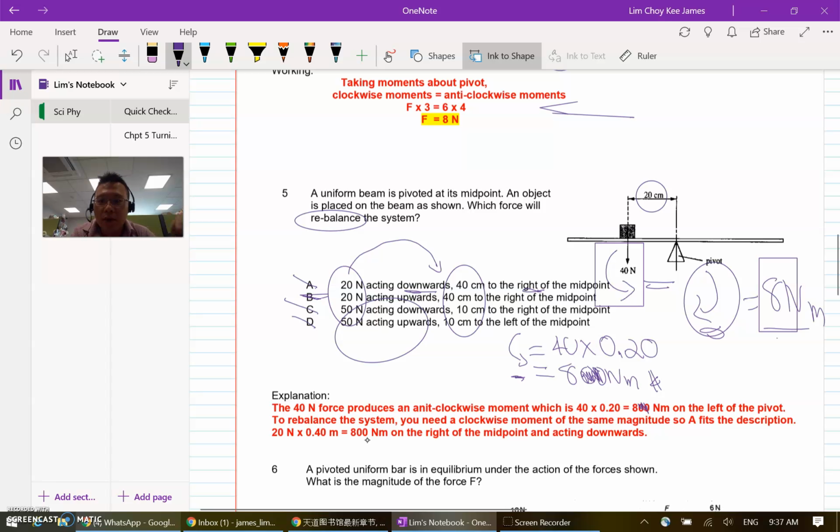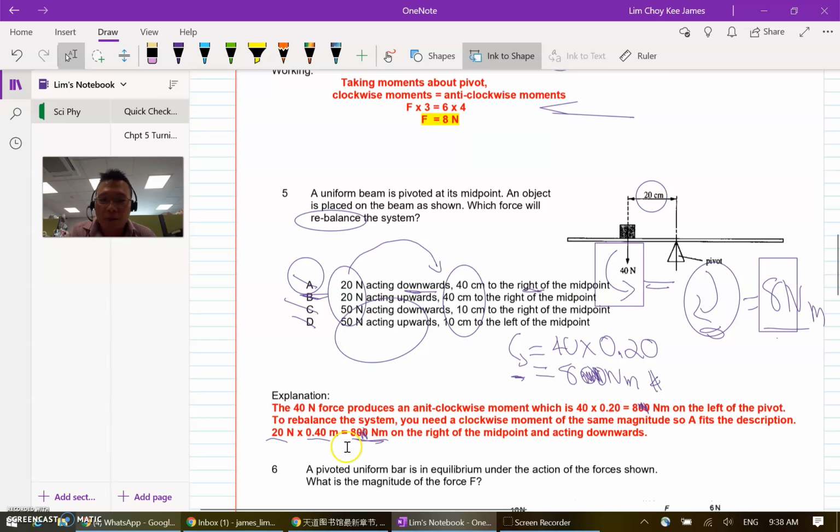You will find that among these three choices, only option A gives me the correct magnitude, which is 20 times 0.4, giving 8 Newton meter clockwise. So option A would be my answer, because option A produces a clockwise moment and is of the same magnitude as the anti-clockwise moment. That's why in this case I will choose option A as my answer.